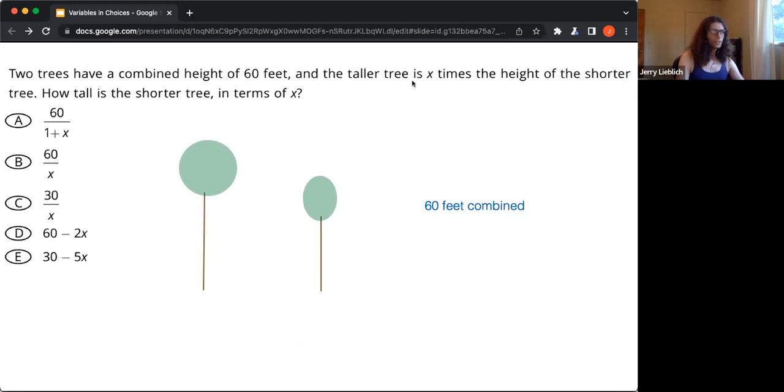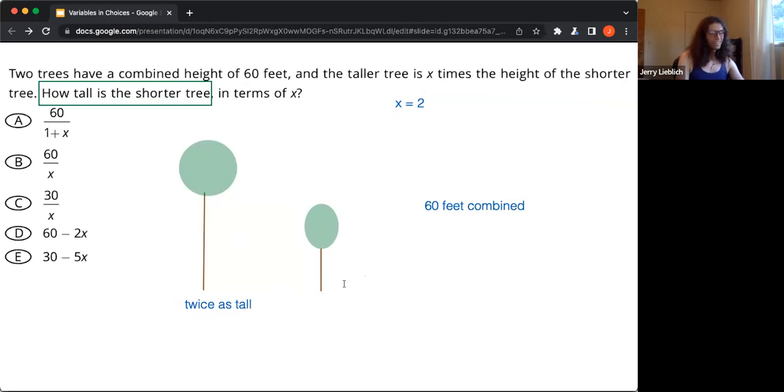The taller tree is x times the height of the shorter tree. Well, I'm a simple person. Let's let x be a simple number. The taller tree is twice as tall as the shorter tree. How tall is the shorter tree? So that's our goal. I want to know this height.